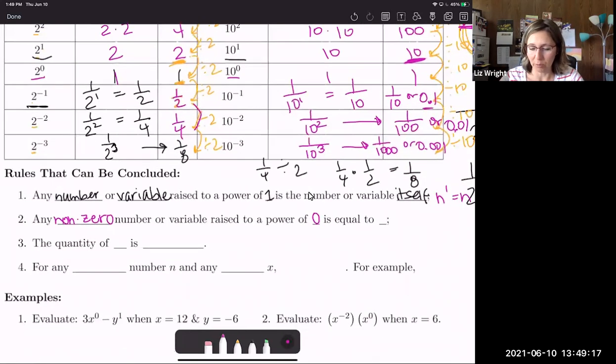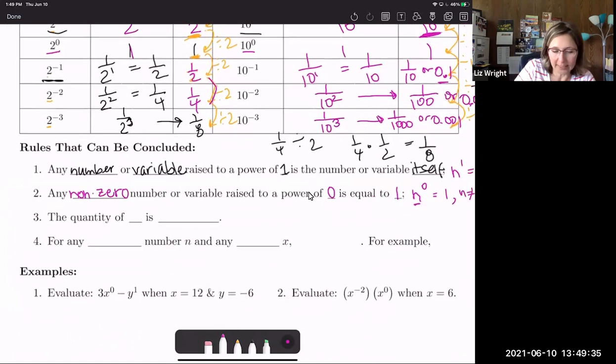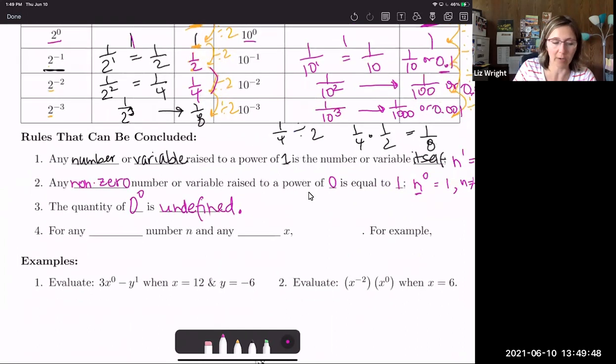So if we take n and raise it to the 0 power, that's going to equal 1, as long as n does not equal 0. So the base cannot equal 0. All right, the quantity of 0 to the 0 power is what? What did we say it is? It's undefined. There is no definition for 0 to the 0 power.